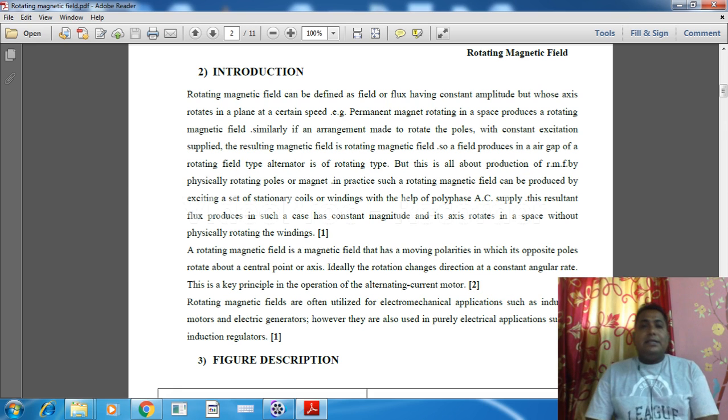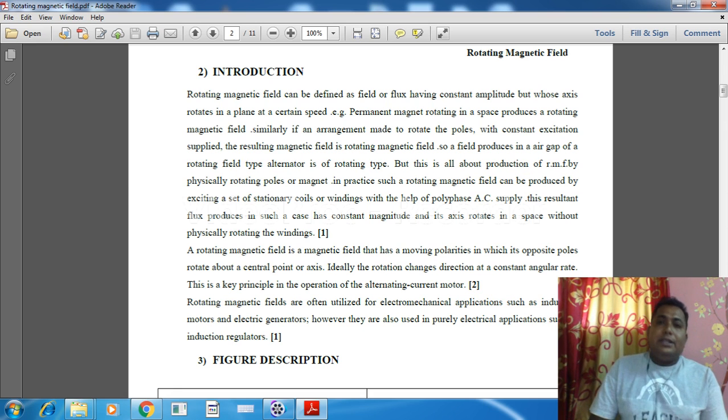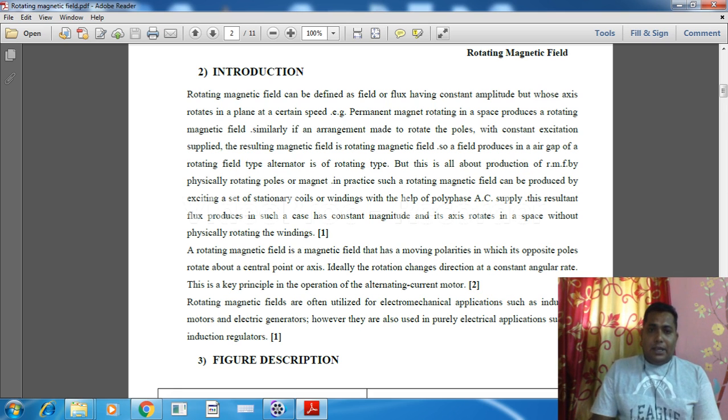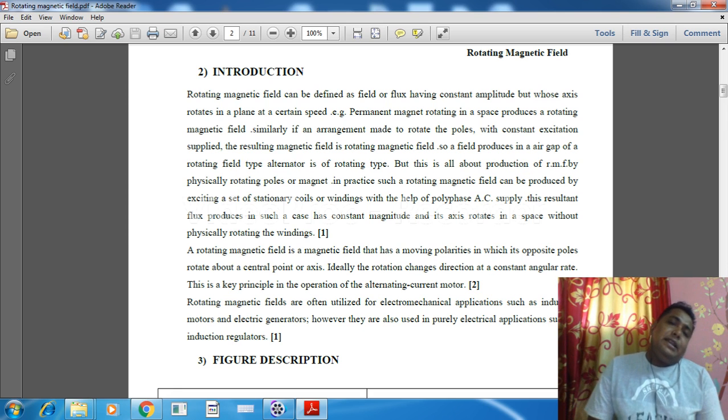The inner periphery of the stator is slotted, and there we make some windings. Those windings are connected to the electrical supply, and that stator winding or field winding generates the magnetic field, which is rotating in nature.